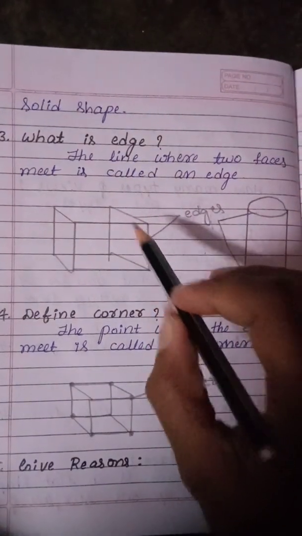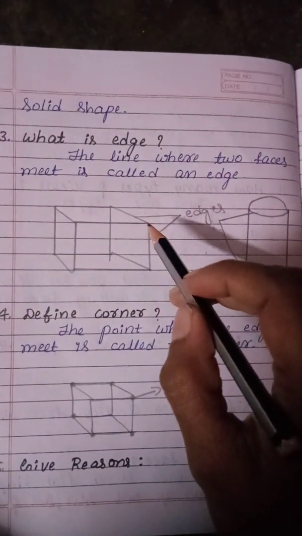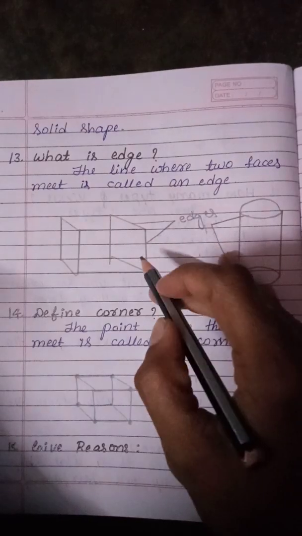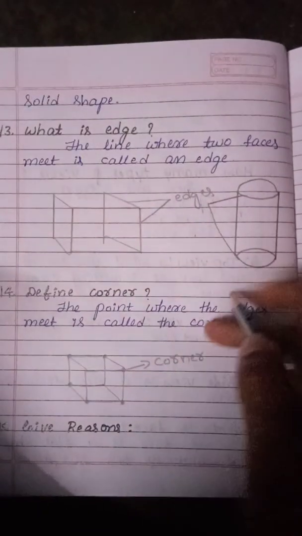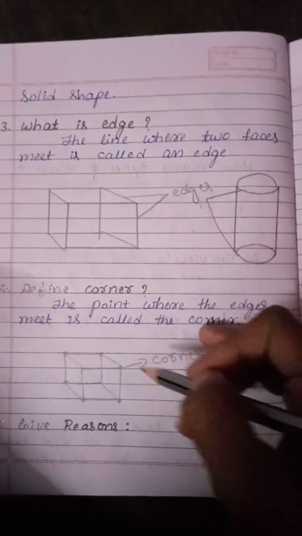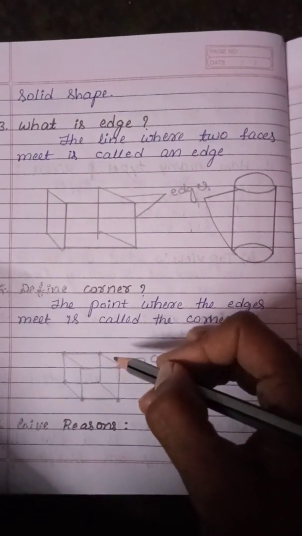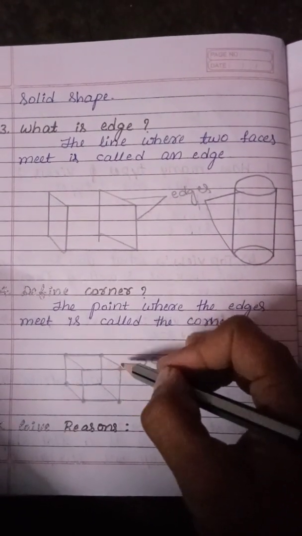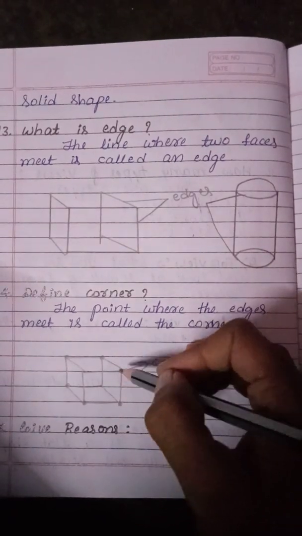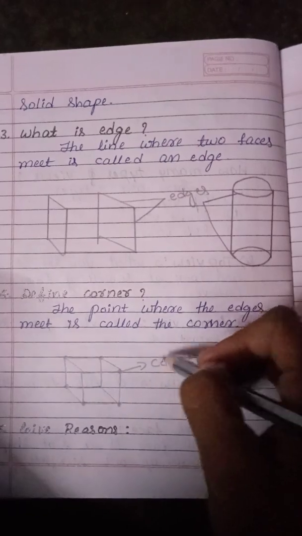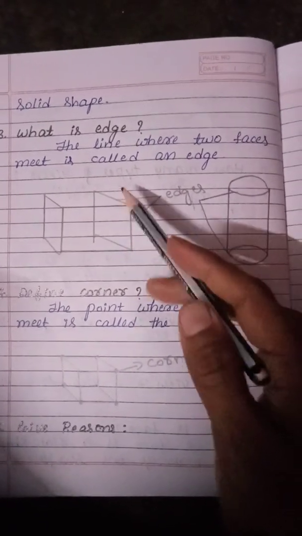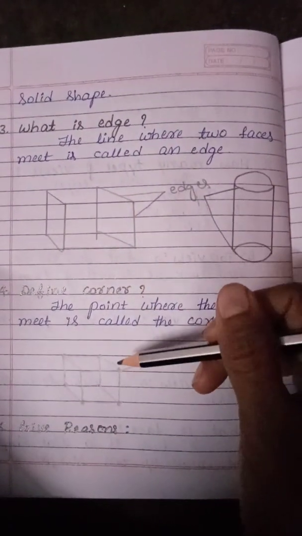See, this one face and this one face are meeting here, so it is called an edge. Define corner. The point where the edges meet is called a corner. See, this one is an edge and this one is a corner.